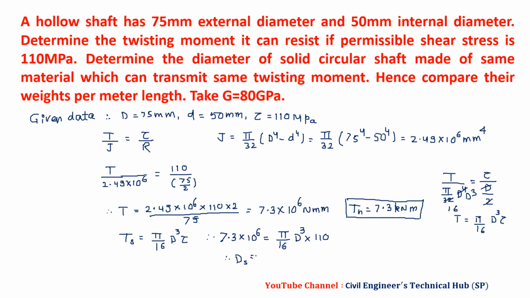If you solve this, 7.3 into 10 raised to 6 into 16 divided by pi into 110, to the power 1 by 3, we got the value 69.66 millimeters. This is the second value.